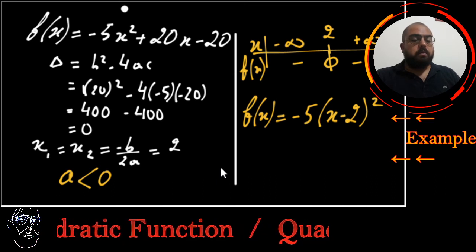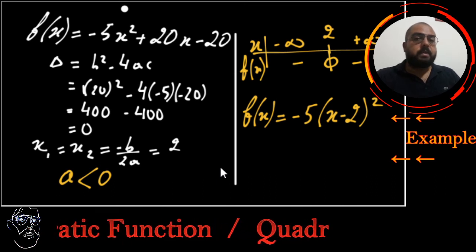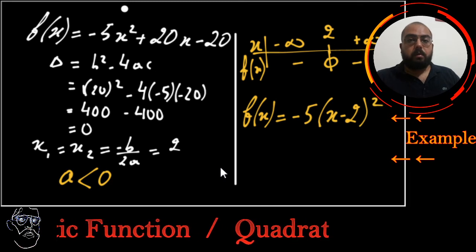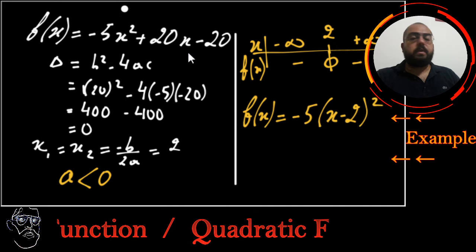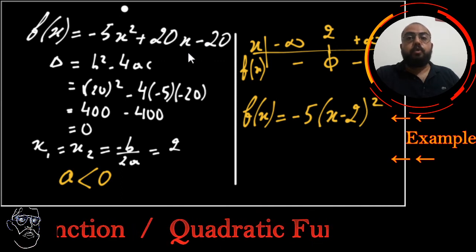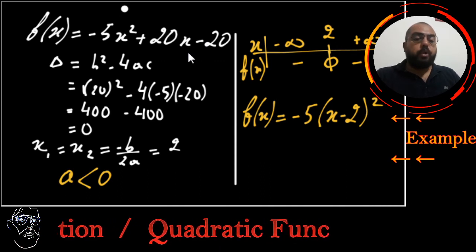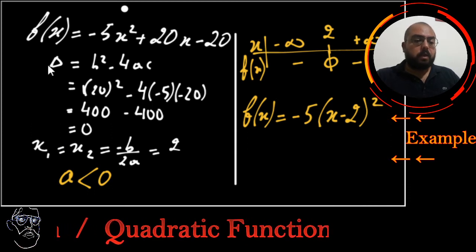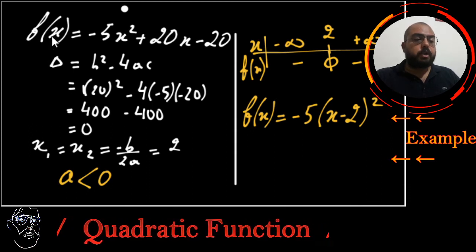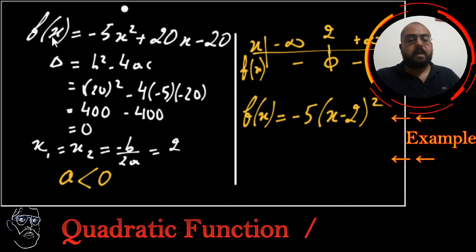Now, what I should do next is to check the sign of a, because I need to study the sign of this function. I know that it has one real double root, but I also want to know in which part it's positive and in which part it's negative. But since delta is 0, I can say the function takes the same sign as a.